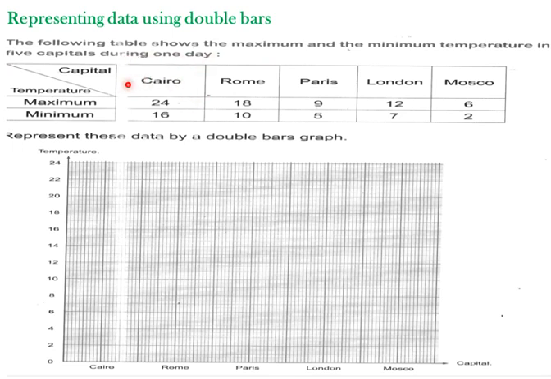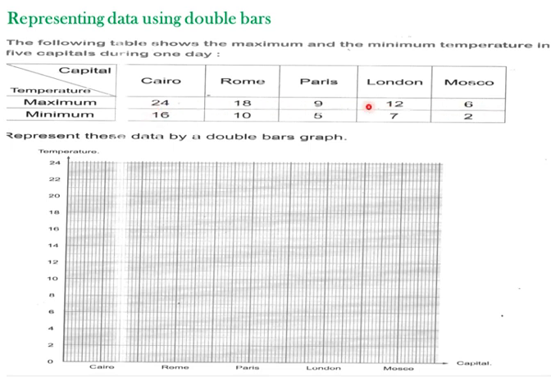We have a relation between capitals and temperatures, for example Cairo, Rome, Paris, London, and Moscow, and for temperature we have two values, maximum and minimum. We draw two bar lines, or double bar lines, for each capital. Then we write the words down and write the numbers which represent them.